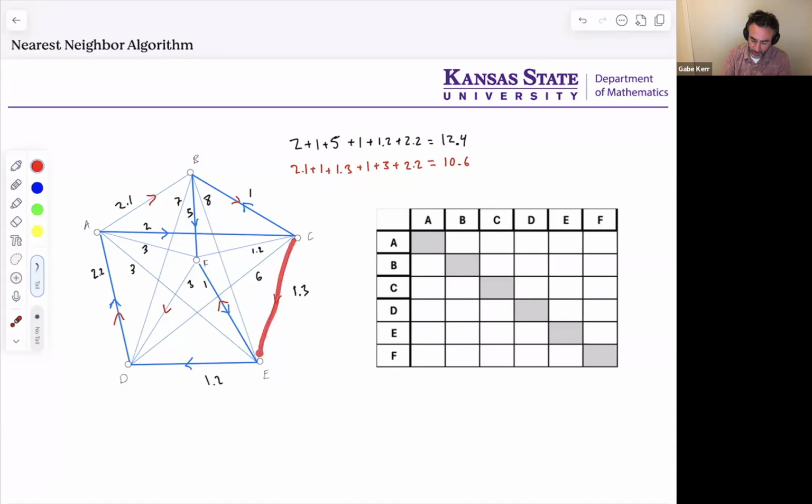So if I look at this edge, I see that my vertices are C and E. And so I will look at a box, say C and E, and I will put in the weight in that box. So there is a little bit of ambiguity here because there's also a C and E down here, and usually you just write the same number in both sides, unless you're dealing with something called a directed graph, but at the moment we're not talking about that.